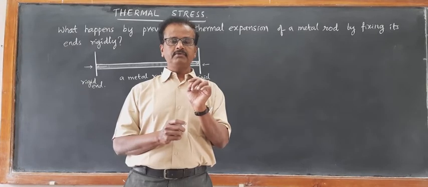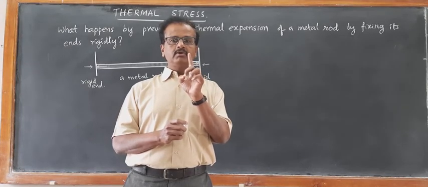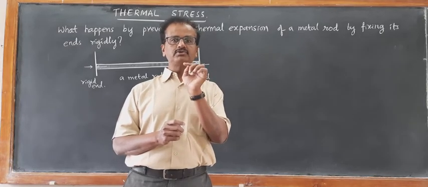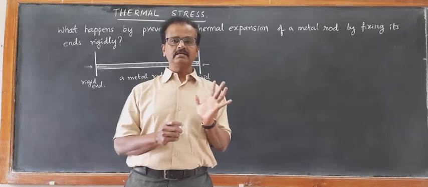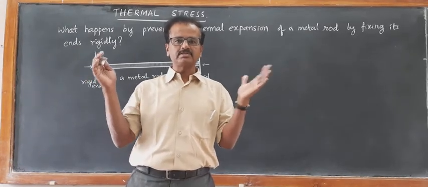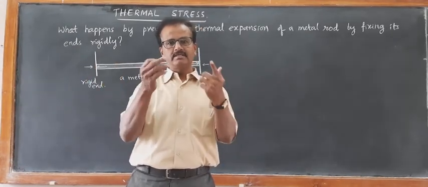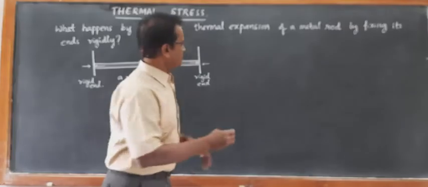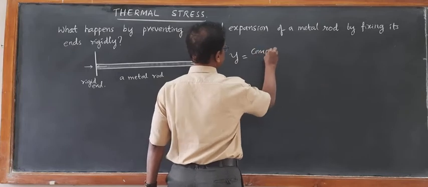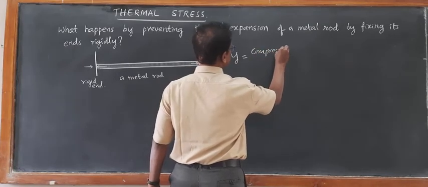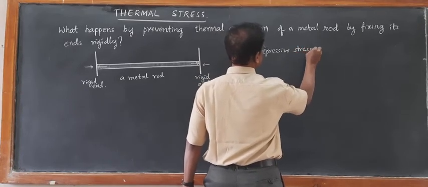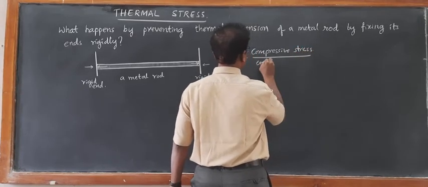The ratio of longitudinal stress to longitudinal strain is called Young's modulus. In the same way, when it is undergoing compressional strain due to compressional stress, we can define Young's modulus as compressive stress divided by compressive strain.